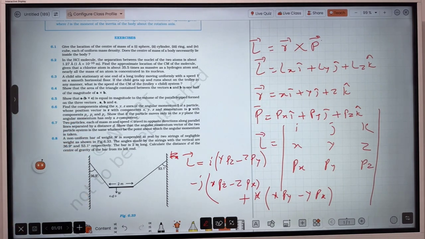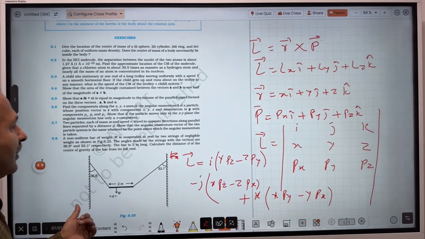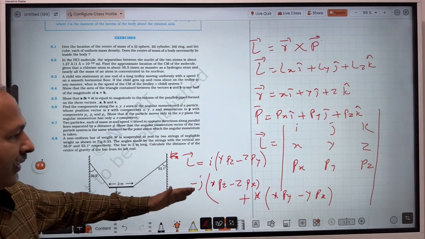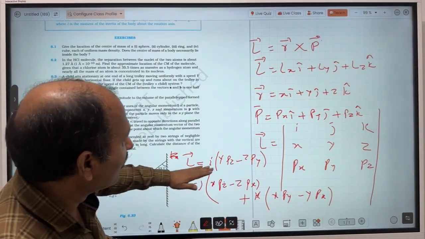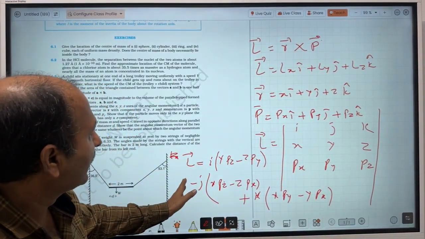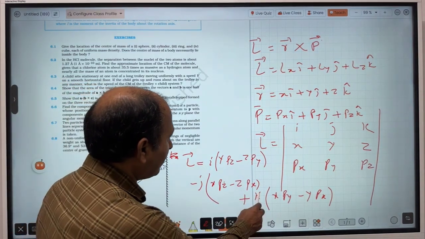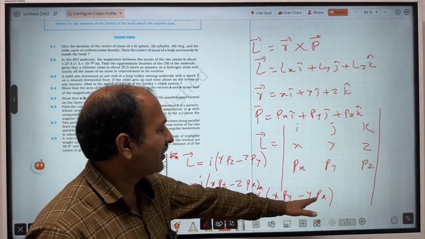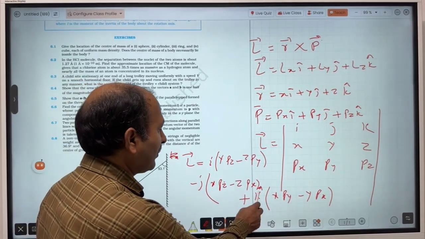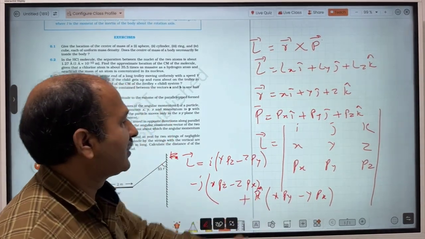What does this mean? If it moves in the xy plane, in that case z and pz will become 0. So wherever z and pz occur, remove those terms. So this term and this term will vanish. What will be left is k cap times x py minus y px. Because of k cap, you can easily say that this is only the z component.